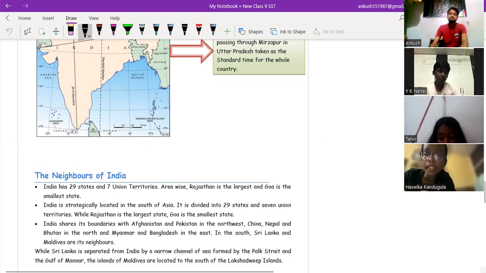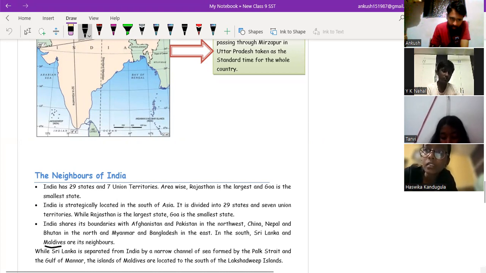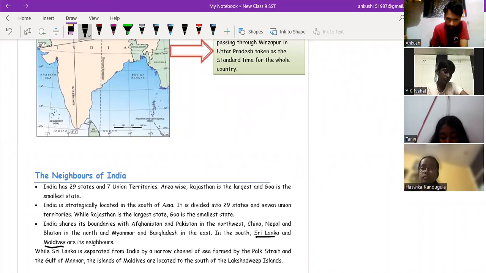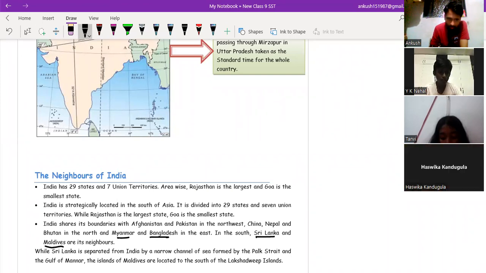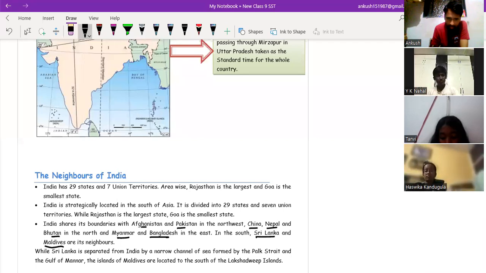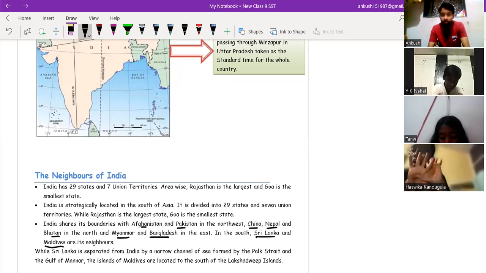So how many countries are its neighbors in total? Maldives is an island. Okay, 2, 3, 4, 5, 6, 7, 8, and 9. 9 countries are bordered with India.